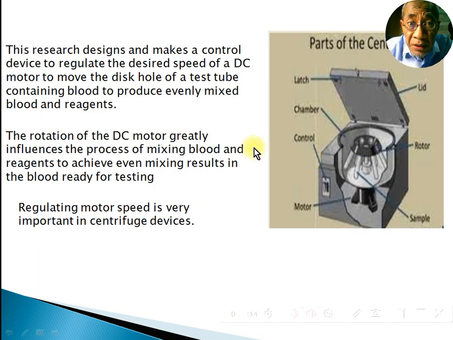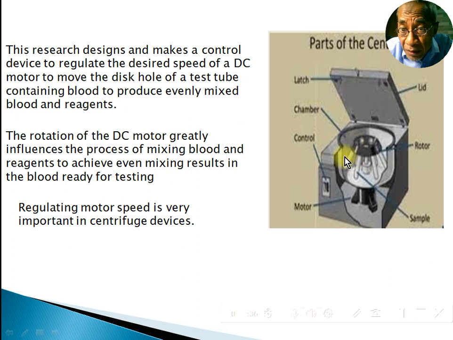The research designs and makes a control device to regulate the desired speed of a DC motor to move the dish hole of the test tube containing blood, to produce an evenly mixed blood and reagent.